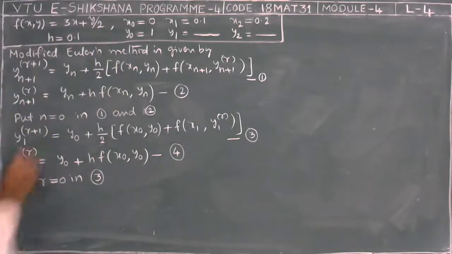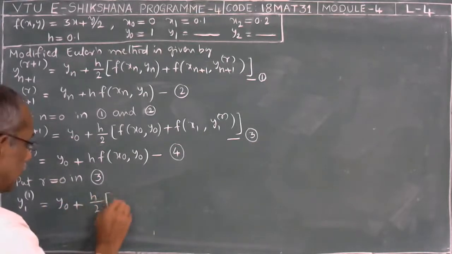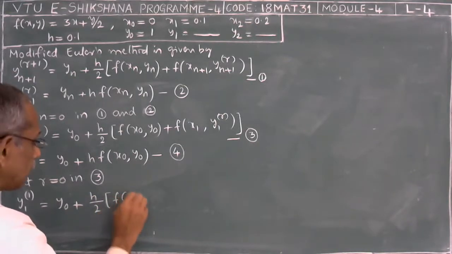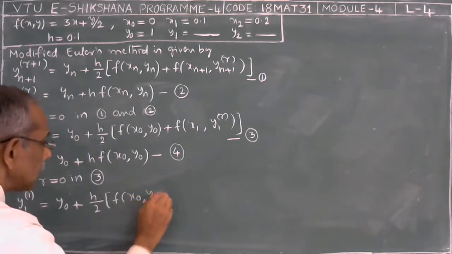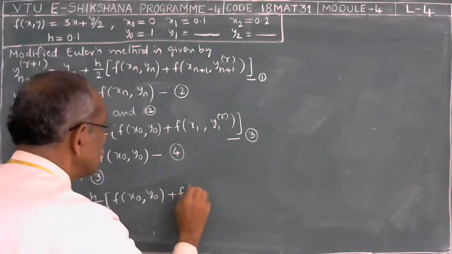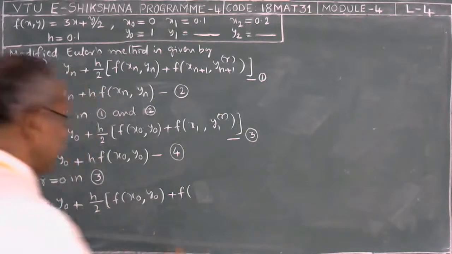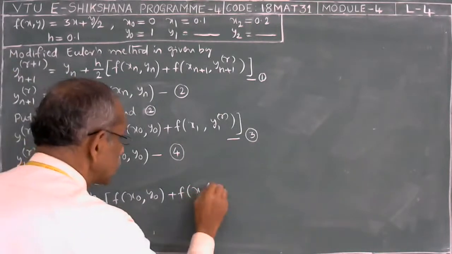So what do we get? r is 0, so y1 1 is equal to y0 plus h by 2 into f of x0 comma y0 plus f of x1 comma y1 0.